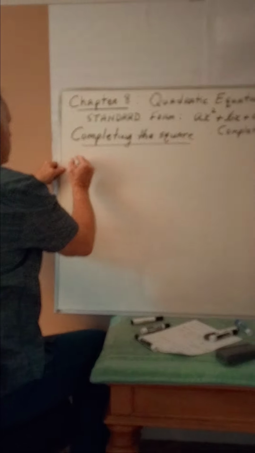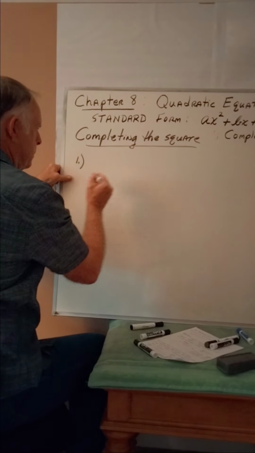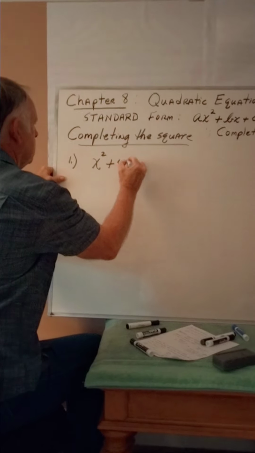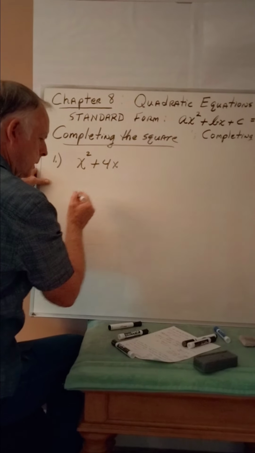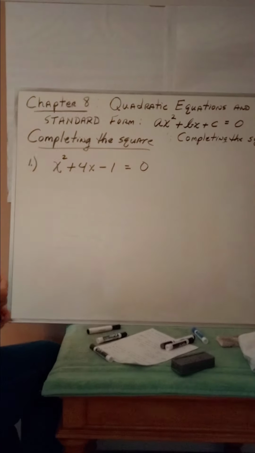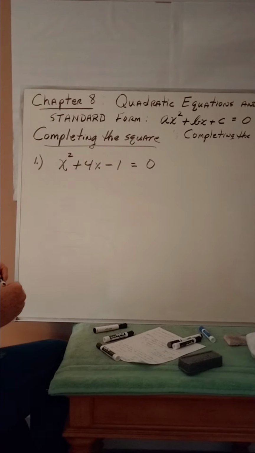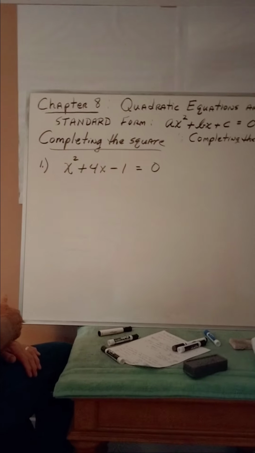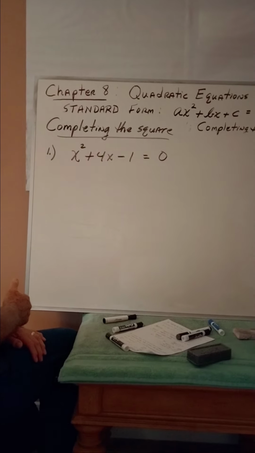We're going to start off with number 1, which happens to be this equation, x squared plus 4x minus 1 is equal to 0. Notice it has all of the terms of ax squared plus bx plus c is equal to 0.